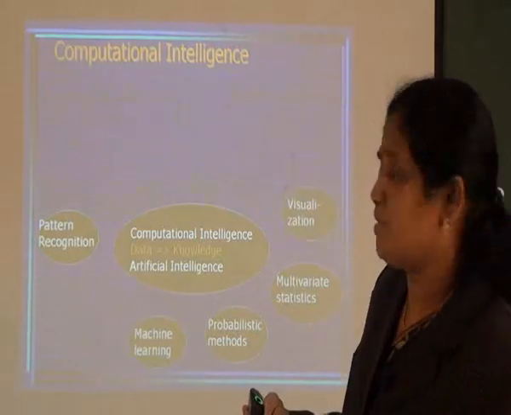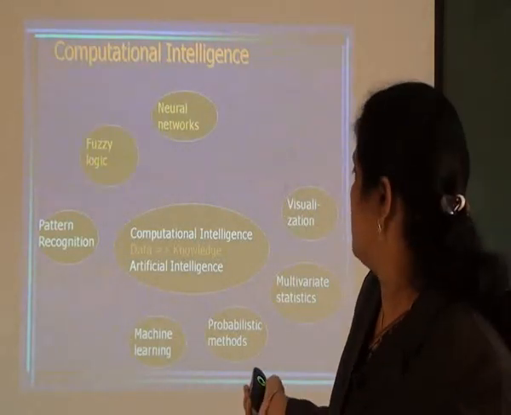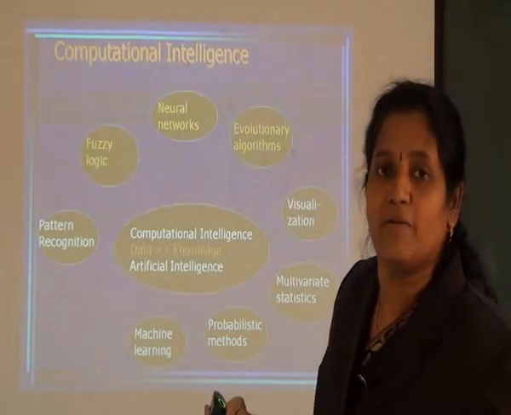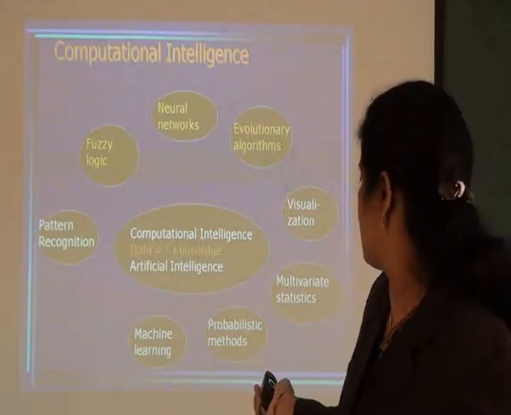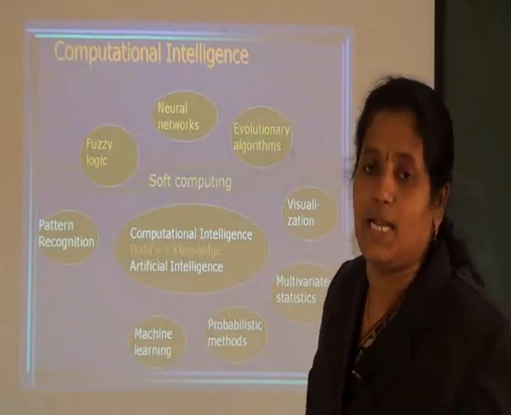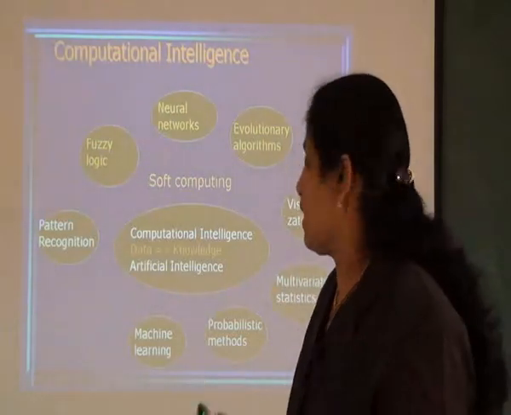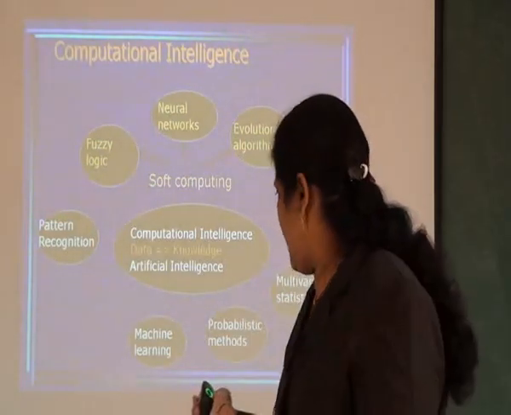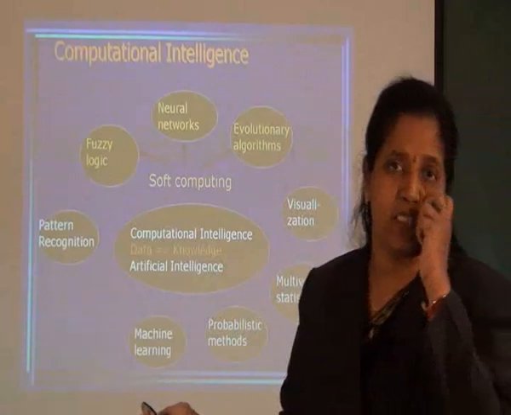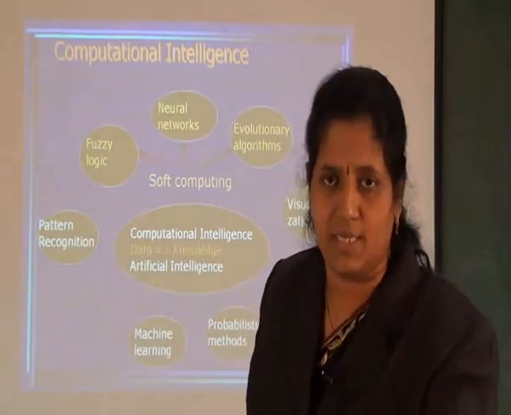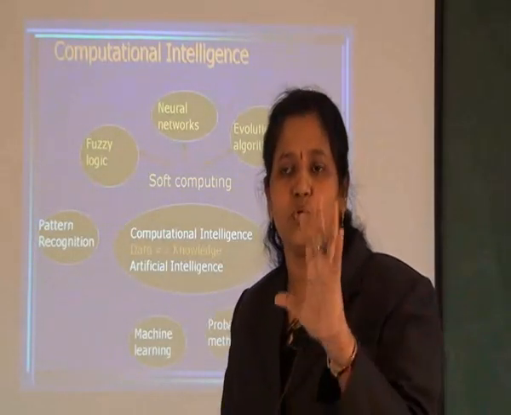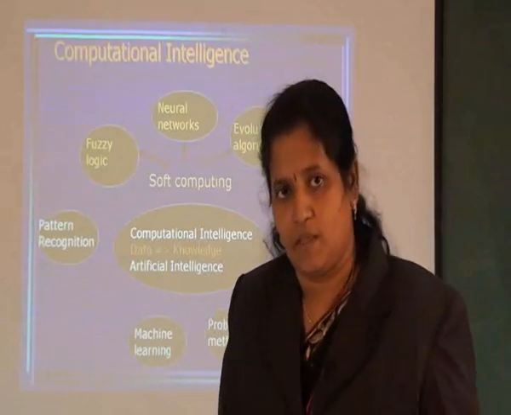These are the components of computational intelligence tools: fuzzy logic, neural network, evolutionary algorithm, expert system, multivariate analysis, pattern recognition, and visualization. Each tool has its own purpose. For example, fuzzy logic is good at representing knowledge.